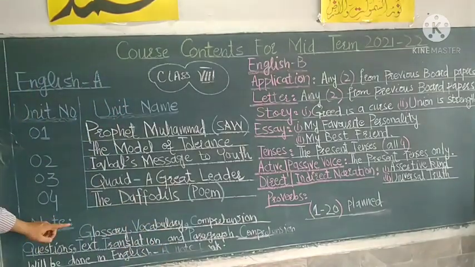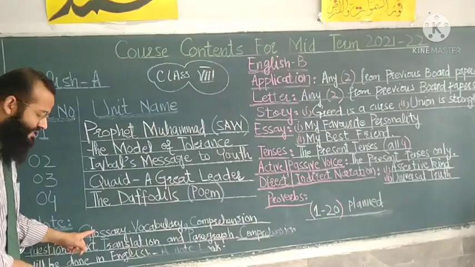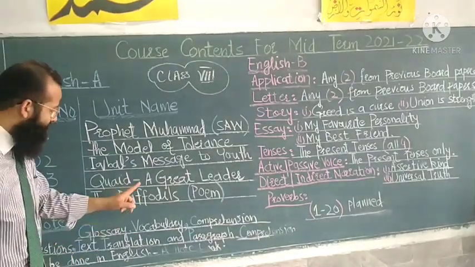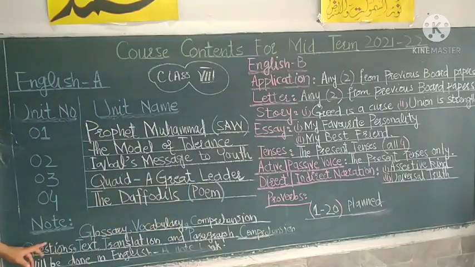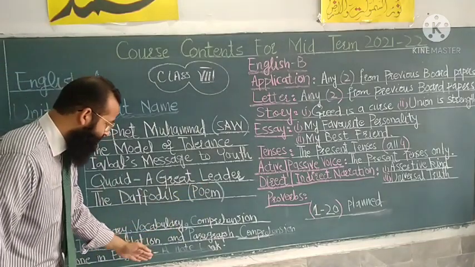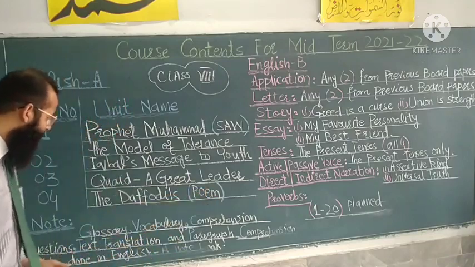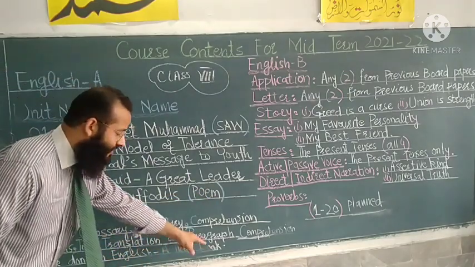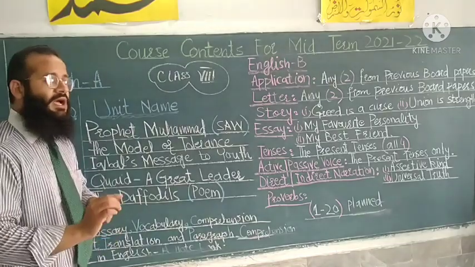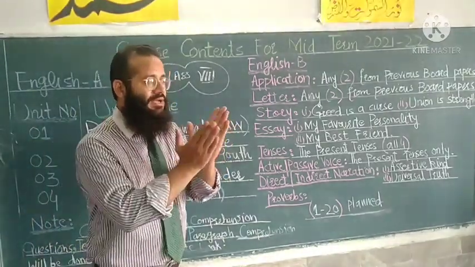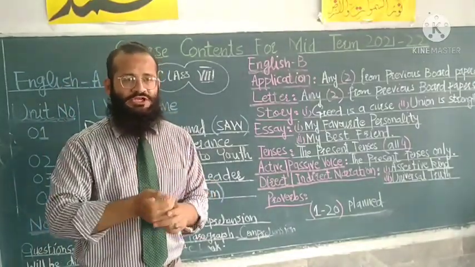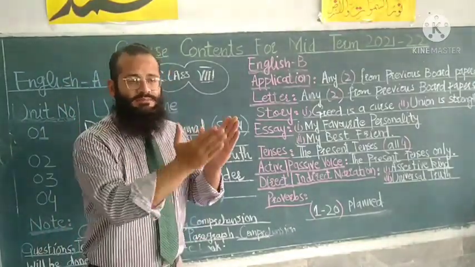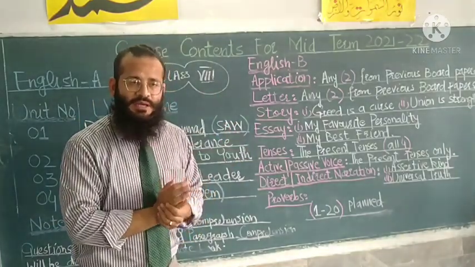Then, if you look at this note, it means that we will discuss the glossary, the vocabulary, the comprehension questions, the text translation, and paragraph comprehension in the English A notebook. First we will explain each and everything: word-to-word translation, then sentence-wise translation.